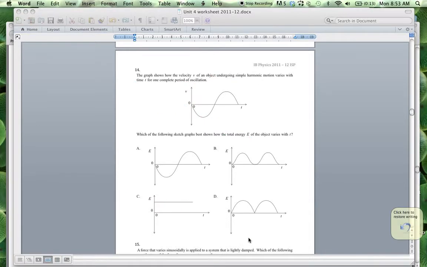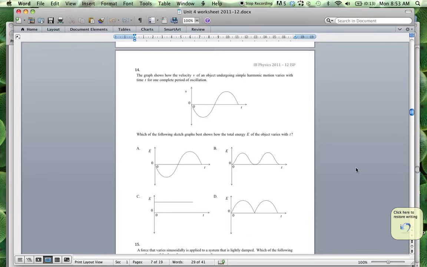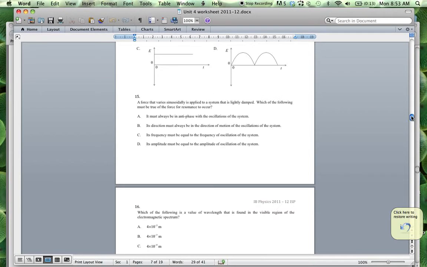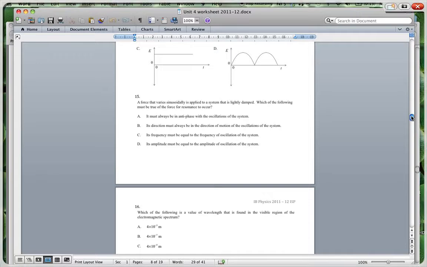Okay, they seem to like asking those questions. And then we go into 15. It says a force that varies sinusoidally is applied to a system that is lightly damped. Which of the following must be true of the force for resonance to occur? So if we read through these, it must always be in antiphase with the oscillating system. That is not correct.